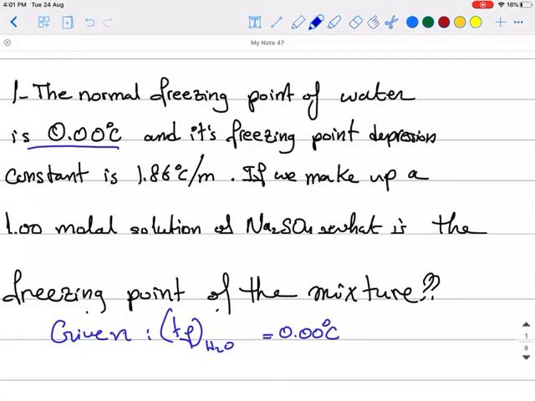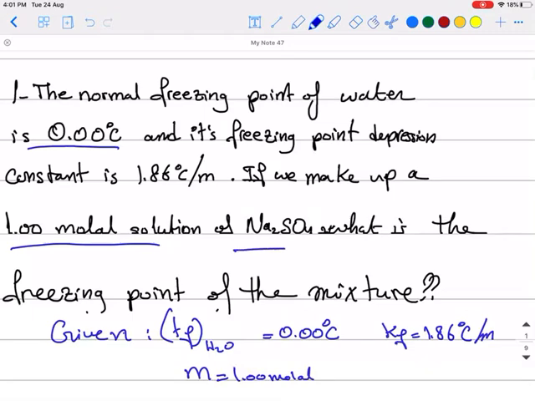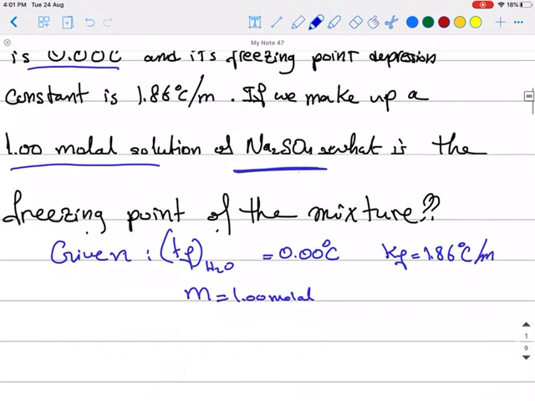And its freezing point depression constant, Kf, is 1.86 degrees Celsius per molal. If we make up a 1 molal solution, so the molality is 1 mole of Na2SO4, what is the freezing point of the mixture? So we want to find the freezing point of the solution.